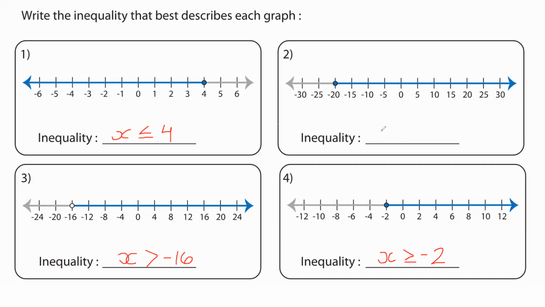We're gonna use greater. X is greater than. Do we put the line underneath? Isn't it shaded? Yes, sir. So you're gonna put the line underneath, right? Good. Greater than or equal to what? 20 or negative 20? Negative 20. Very good.